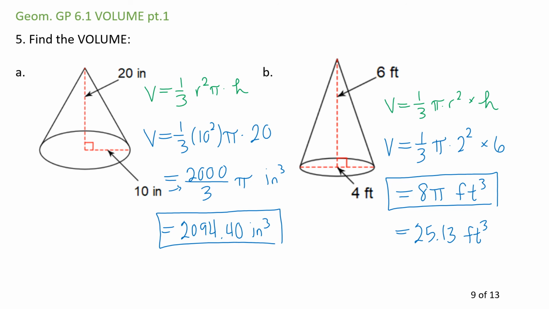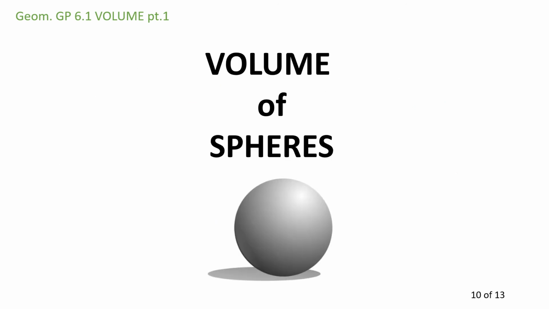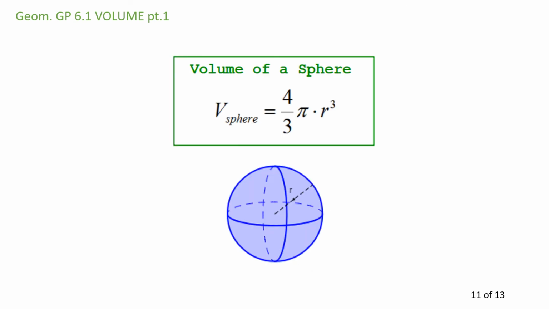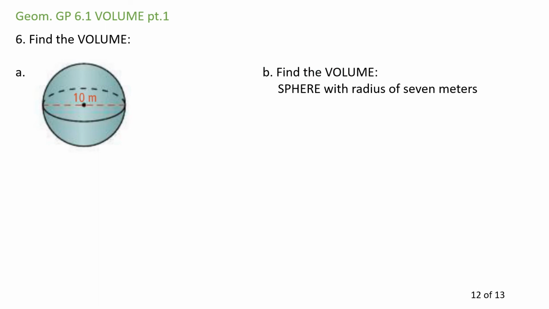That's 1/3. And then the final volume formula is the easiest one. It's the volume of a sphere. I only need to tell you one piece of information, and that's the radius. The thing that's confusing about this for some people is raising it to the 3. So I have to find the volume of a sphere with a radius of 5.